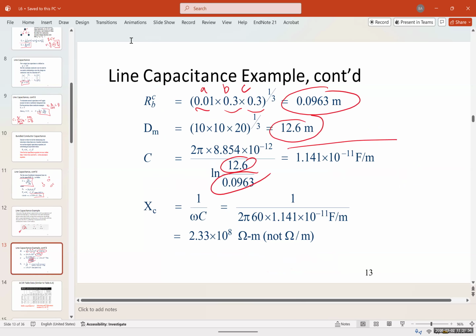Now, if we do that, the capacitance calculated would be 1.141 times 10 to the power of -11 farads per meter. By the way, this is per meter.